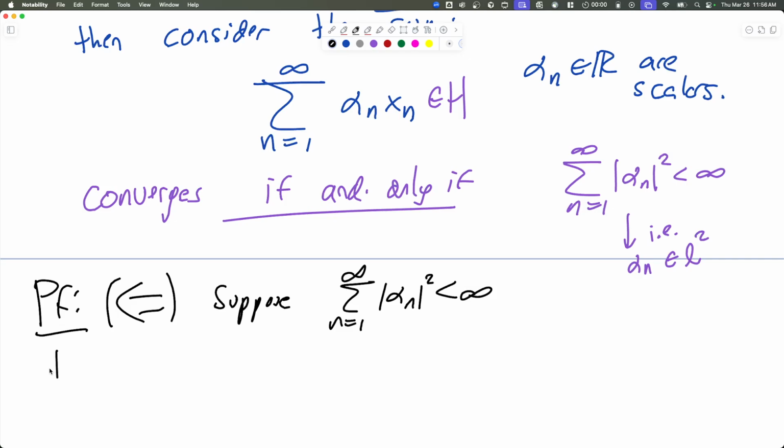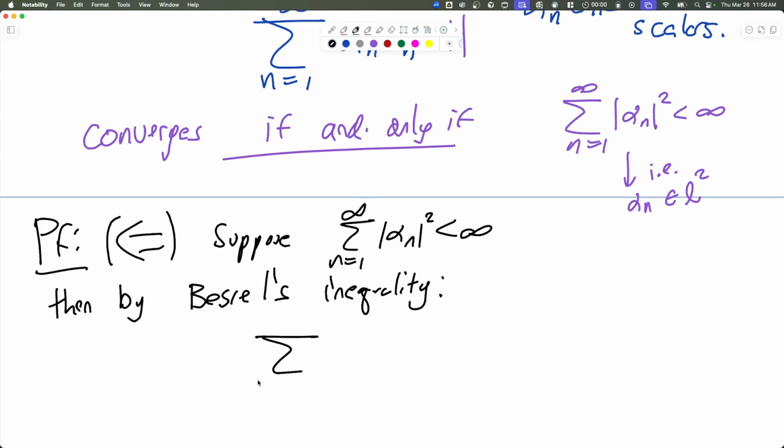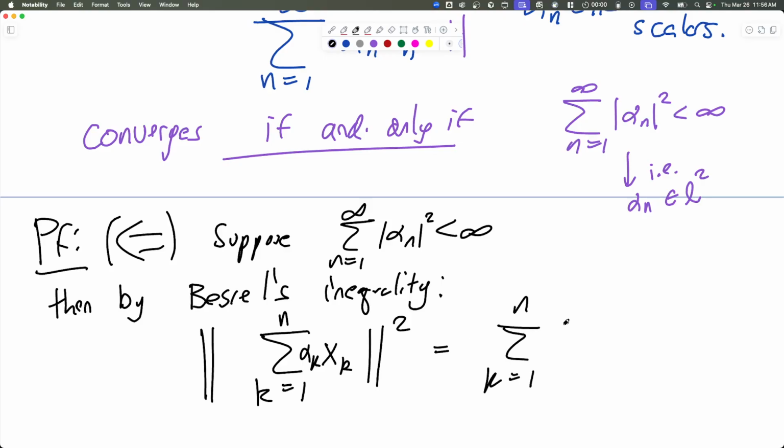Okay, then notice by Bessel's inequality, if you do the sum from k equals 1 to n of alpha k xk, and we take the norm squared, this will be the sum from k equals 1 to n of alpha k squared.